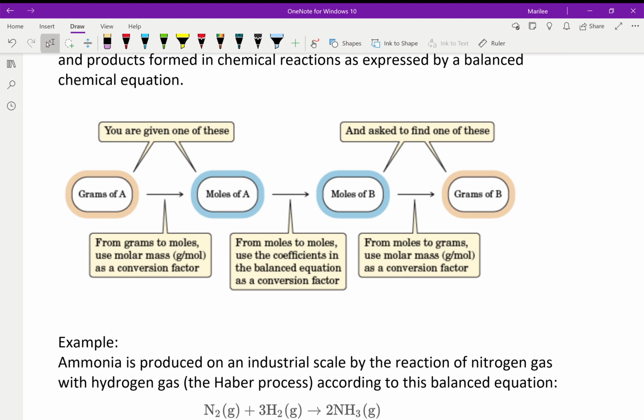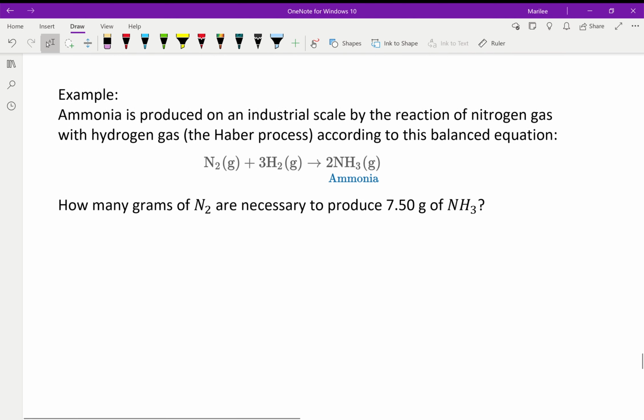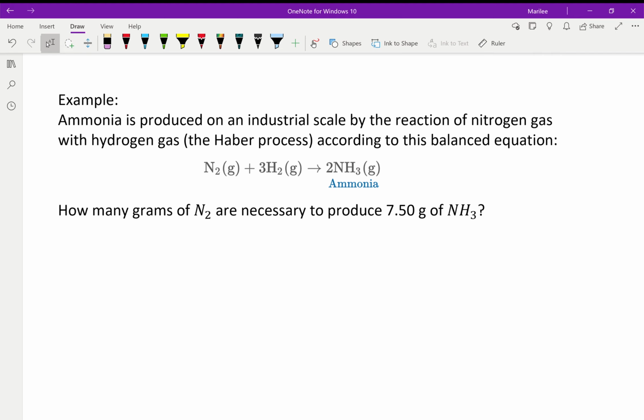So let's do an example so you understand this. It says ammonia is produced on an industrial scale by the reaction of nitrogen gas with hydrogen gas. This is called the Haber process. According to this balanced equation, we have N2 gas plus 3H2 gas reacts to form ammonia. How many grams of N2 are necessary to produce 7.5 grams of NH3?